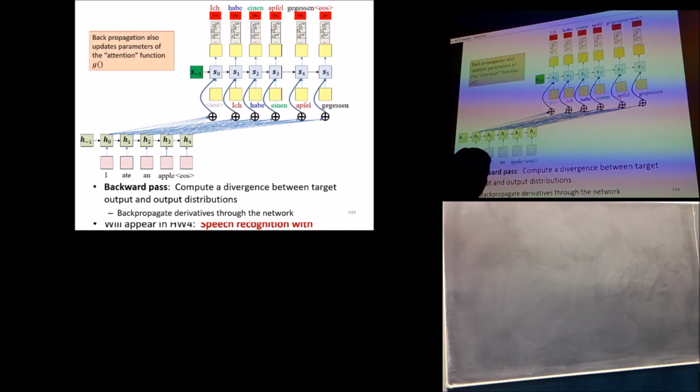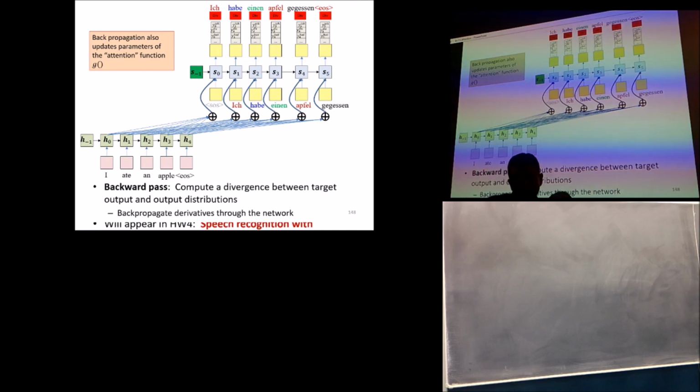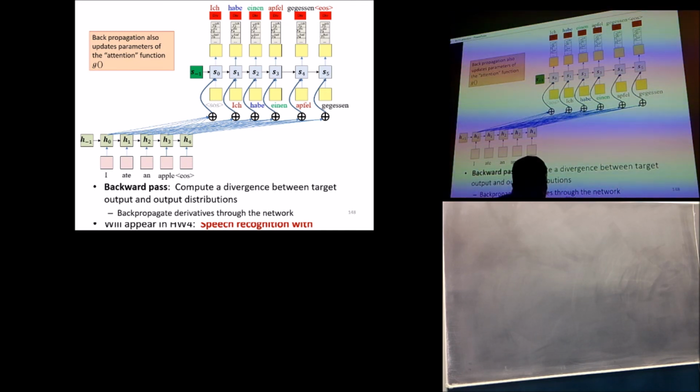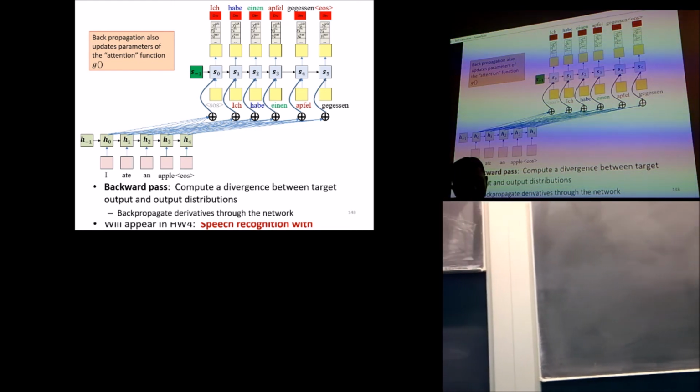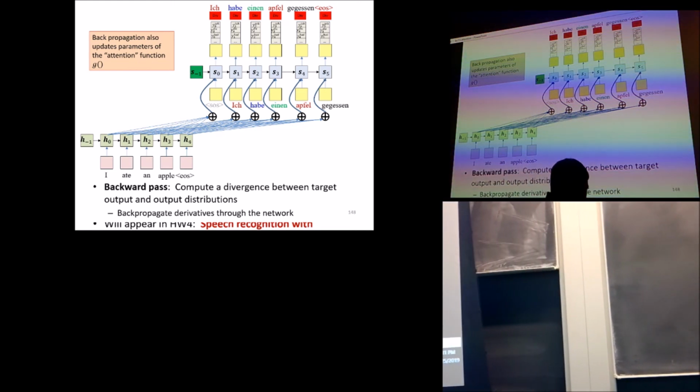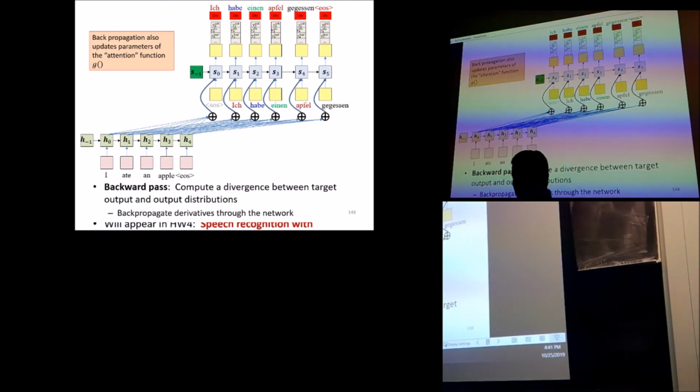But when you propagate it back through the network, you should also update the parameters of the attention function g, because that is also being learned. Now, the attention function g may not have parameters to learn if you're just looking at an inner product between the decoder state and the encoder state.